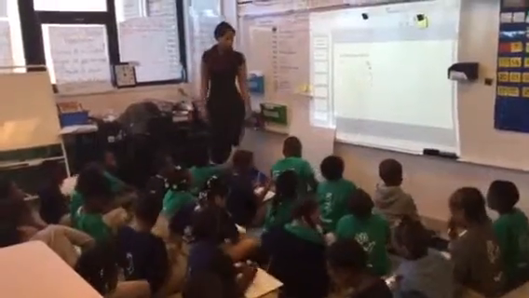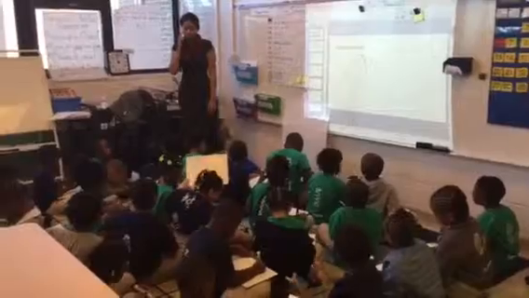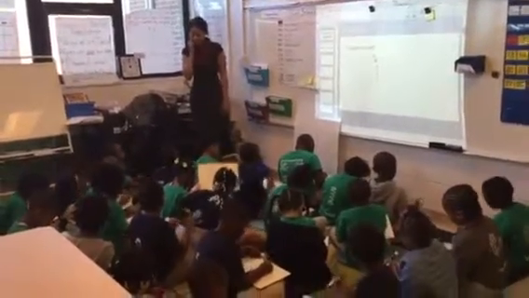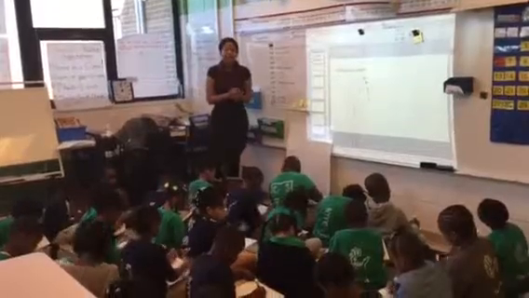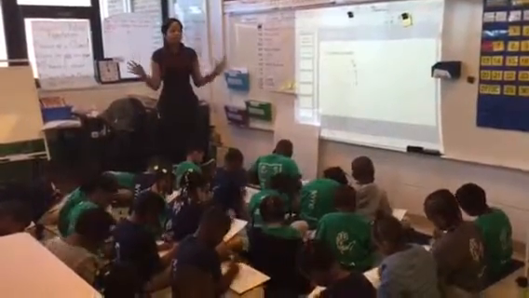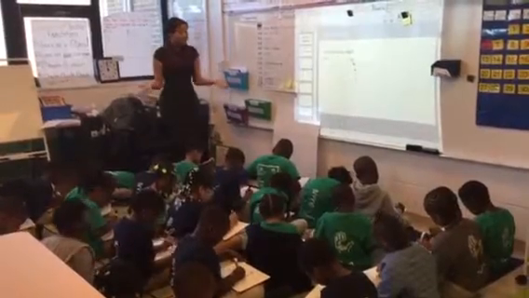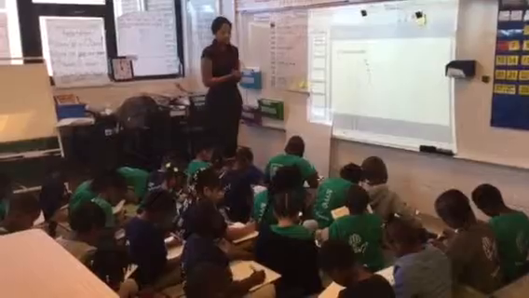Next number. 52. Is 52 even or odd? See, that's why we're doing it on our board silently. Let's see, I love how Shakai is working silently. He's putting his 10s on top of his model because he knows that the 10s are always even. That's right, so we don't worry about our 10s.